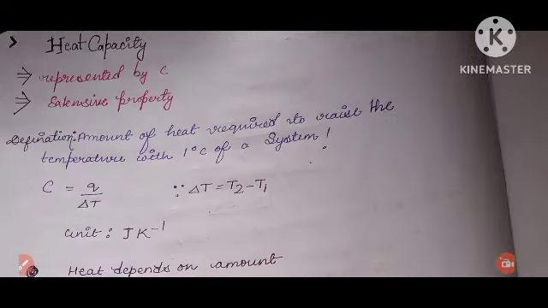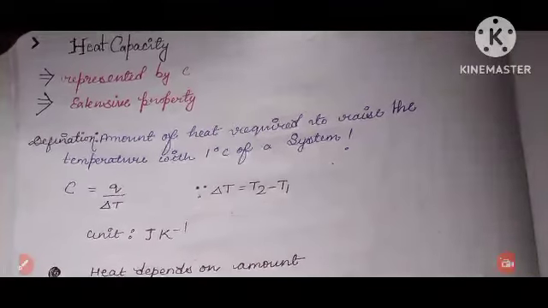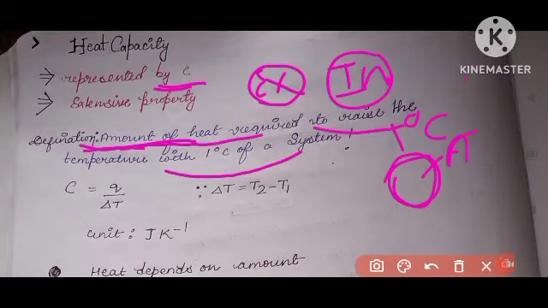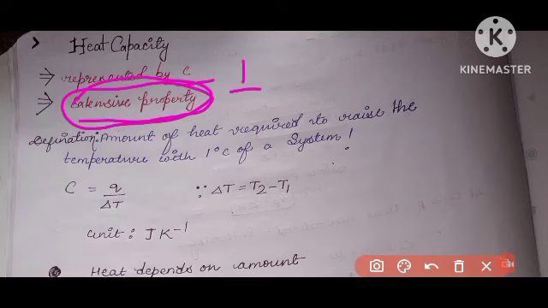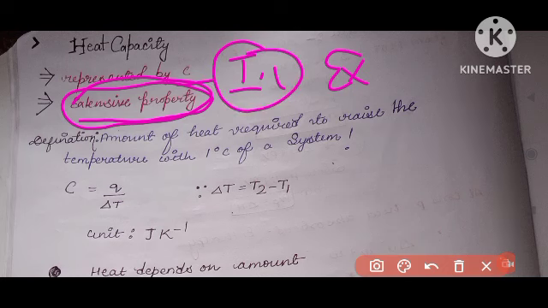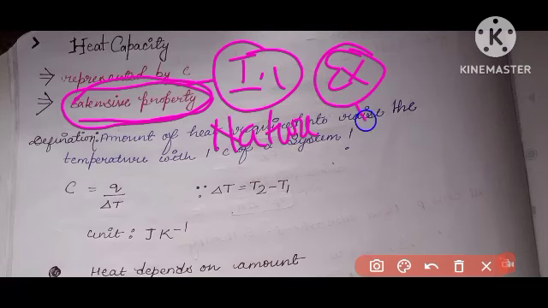So it is represented by the capital C or a small letter c, and it is an extensive property. So we have two types of properties, intensive property and extensive property. Intensive properties are those properties which are dependent upon the nature of a particle, and extensive properties are those properties which depend upon the amount of particle.